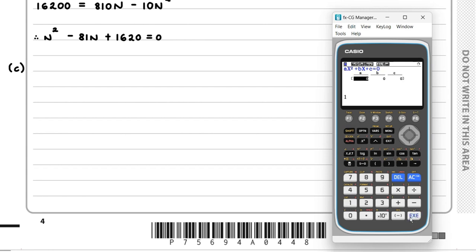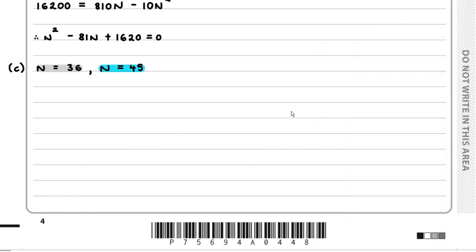We have 1 n squared subtract 81 n plus 1620 equals 0. So n is 36 or n is 45. Now, the loan will be paid at the first value of n, meaning n is equal to 36 only.